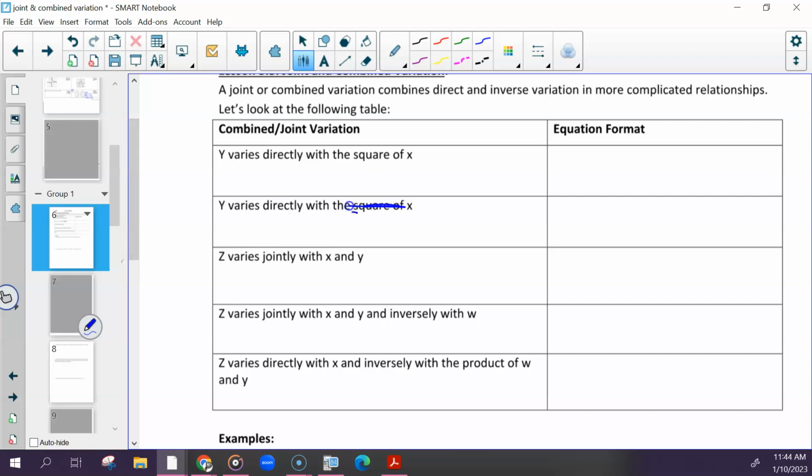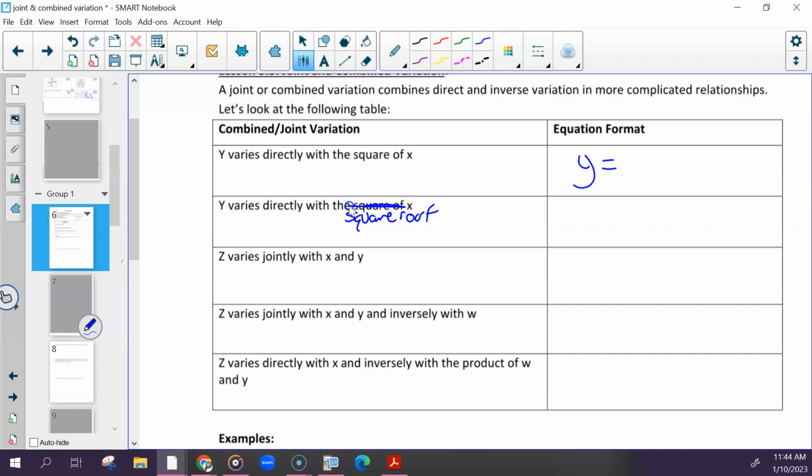Change this one to say square root, because it copied itself. Right? So y varies directly with the square of x. Similar to y varies directly with x, just now has the square of x. So y varies, that's going to be y equals.